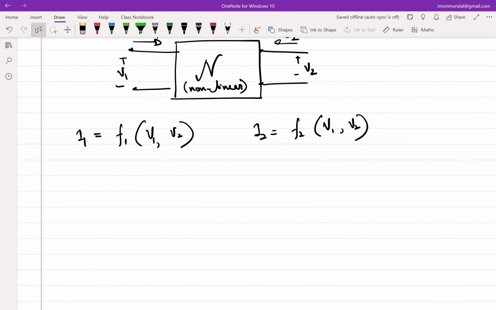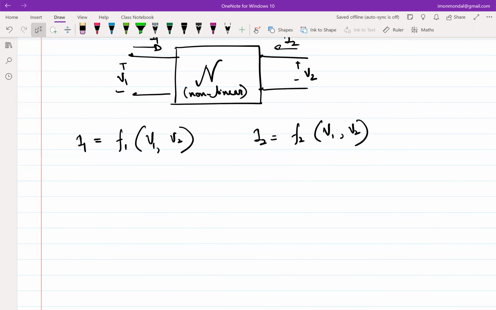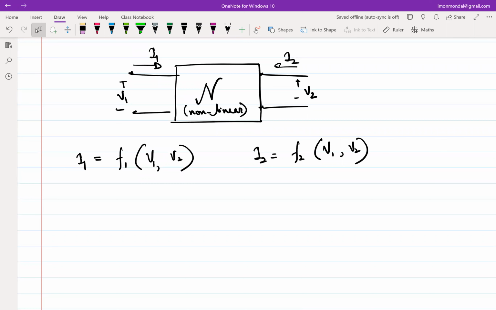Okay, so now we'll do exactly the same thing that we did with our diodes and those types of circuits, right? So if we increase the voltage V1 to V1 plus delta V1 and V2 to V2 plus delta V2, I would expect the currents to increase by some delta I1 and some delta I2.